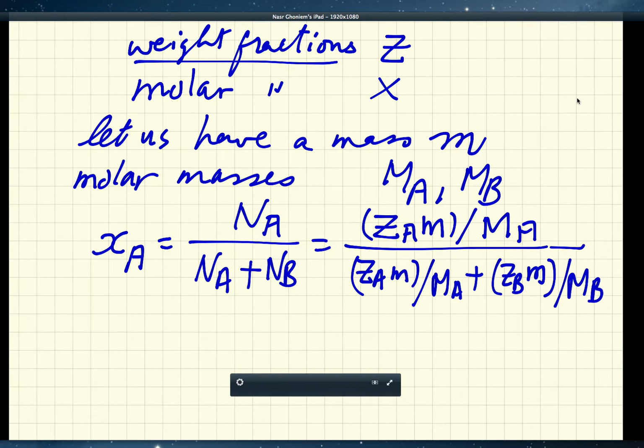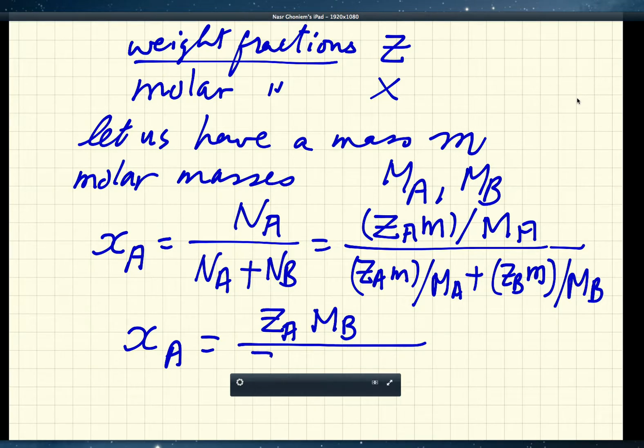And therefore, I have an equation that relates X sub A to the weight fractions: ZA over MA divided by ZA over MA plus (1 minus ZA) over MB, equivalently ZA MB divided by ZA MB plus (1 minus ZA) times MA.